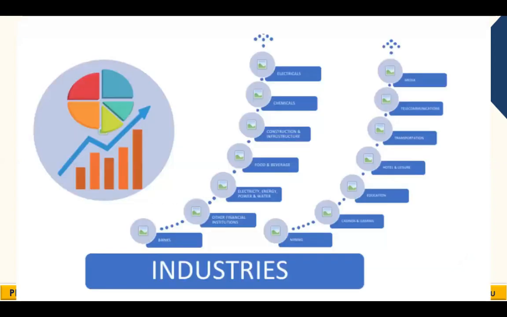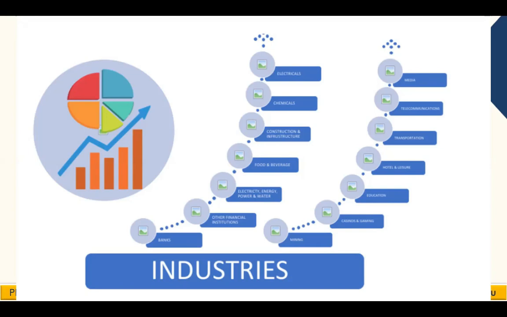And if you look at the different industries in the Philippines, those sectors are subdivided into industries. We have banks. Should you put your money in other financial institutions, or should you buy shares of stocks of electricity, such as Meralco, energy, power, and water, such as Manila Water Corporation? Food and beverages like Jollibee Foods Corporation, like San Miguel Corporation.